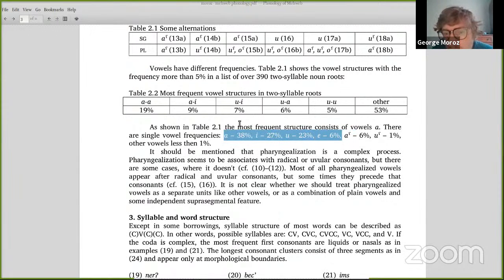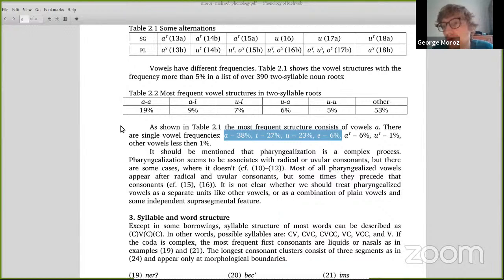Even if we focus on those vowels, not the pharyngalized rare one, we'll see that the language doesn't randomly pick from those frequencies to form two-syllable words, three-syllable words, and so on, because they are not evenly distributed. So it appears that there is some tendency of vowel ordering that maybe reflects some history.